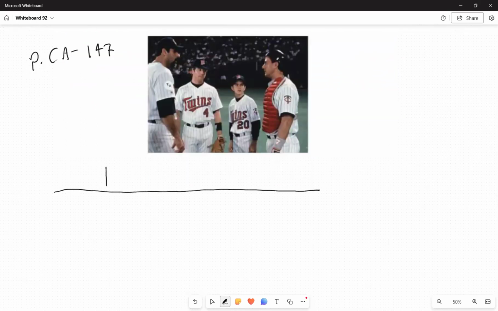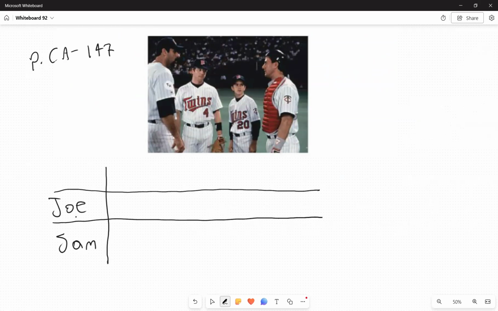We have Joe and Sam. We use the formula A equals RT, where A is the amount of work completed, R is the rate, and T is the time.